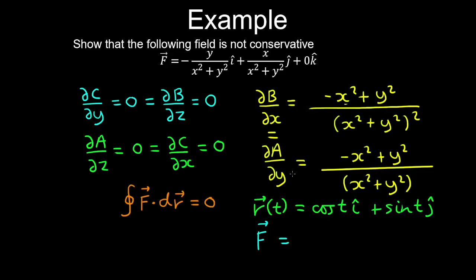So we have y, which is sine t, on cosine squared t plus sine squared t, which is 1, in the i direction, plus x, which is cosine t, on x squared plus y squared, which by the trig identity is 1, in the j direction, and we have a 0 component in the k direction, noting the circle's parametrized from t equals 0 to 2 pi.